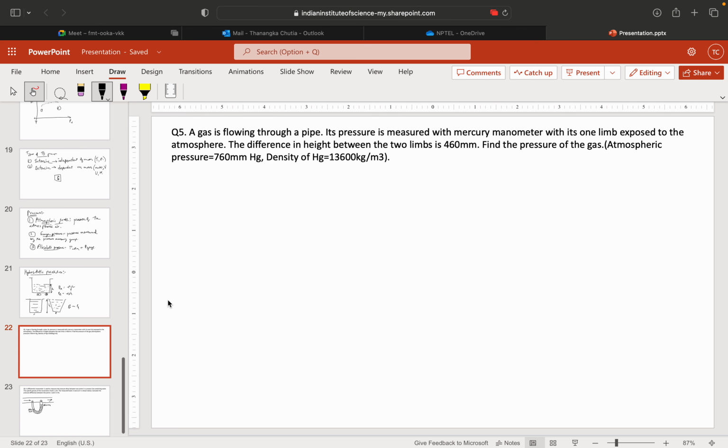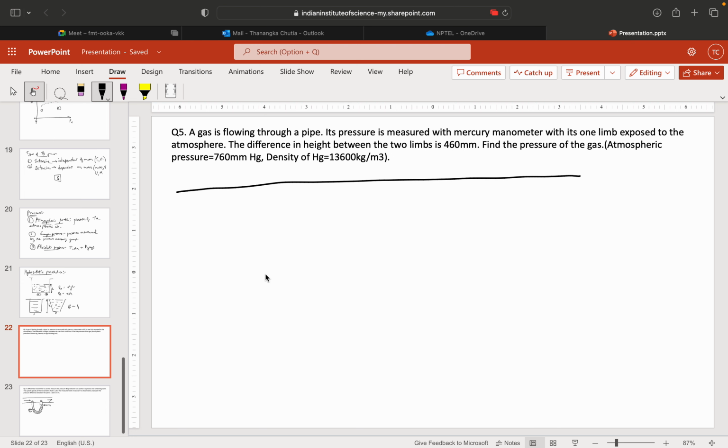Now first is: a gas is flowing through a pipe, and its pressure is measured with a mercury manometer with its one limb exposed to the atmosphere.